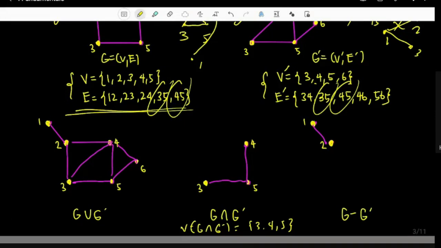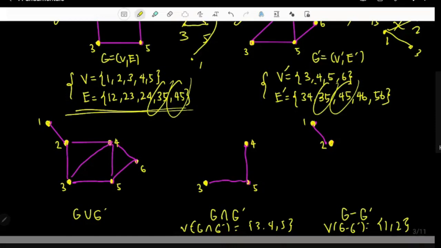Right? Now here, we want to get the vertex of G minus G prime. So all you need to do is to get the difference between the set V and V prime. So 1, 2, 3, 4, 5 minus the elements 3, 4, 5, and 6. So you remove 3, 4, and 5, you are left with 1, 2. And then the edges will be any edges on E prime removed on E. So, meaning, i-remove mo yung intersection. So, mariremove yung 3, 5, and 4, 5.